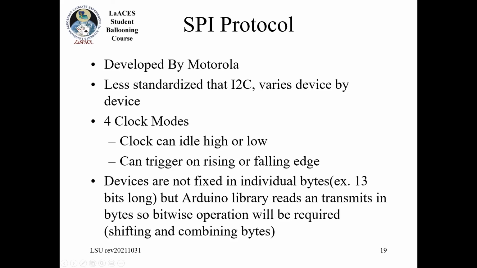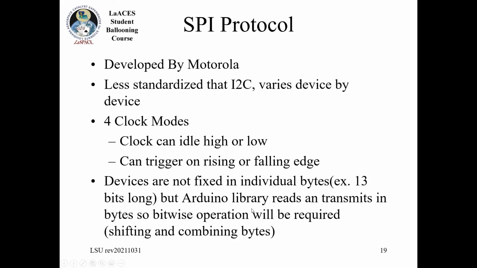The other thing about these is, whereas with the I2C, basically every transmission was broken up into individual bytes, the SPI might be weird lengths. It may be like, oh, this transmission will be 13 bits long.